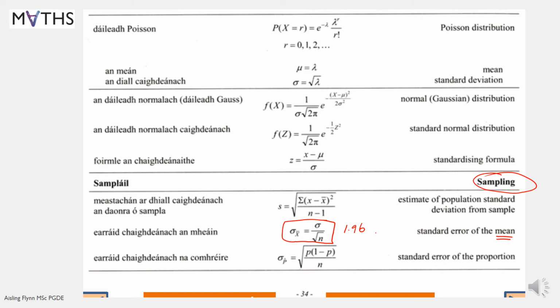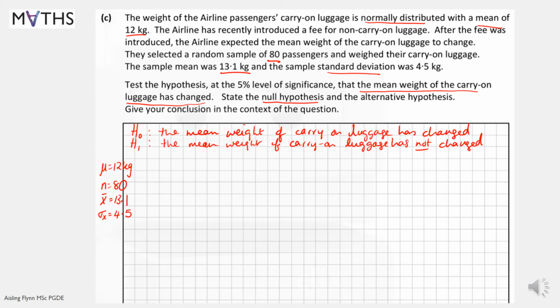So we'll bring that forward to the question. The margin of error we're going to use is 1.96 by our sample standard deviation over root n. Let's fill in the numbers: 1.96 by 4.5 over root 80. When you work that out you get 0.9861.